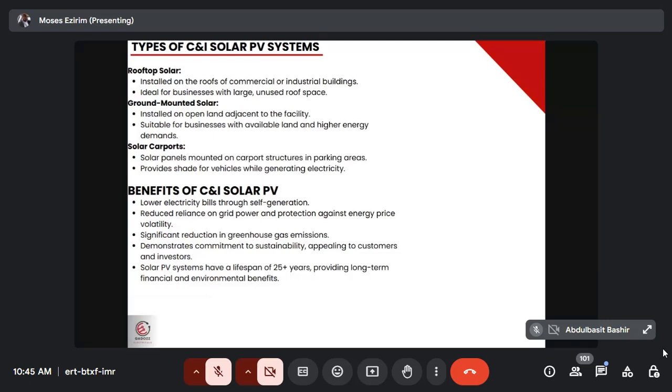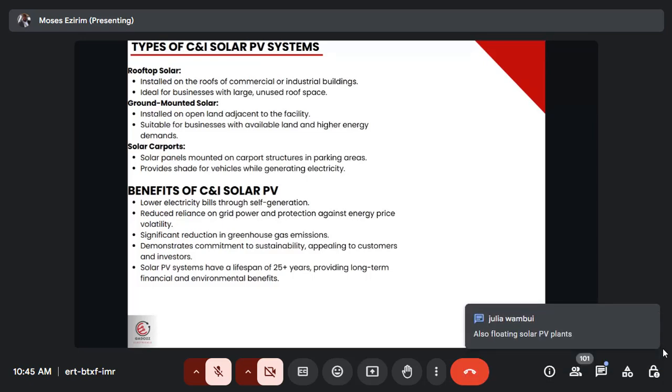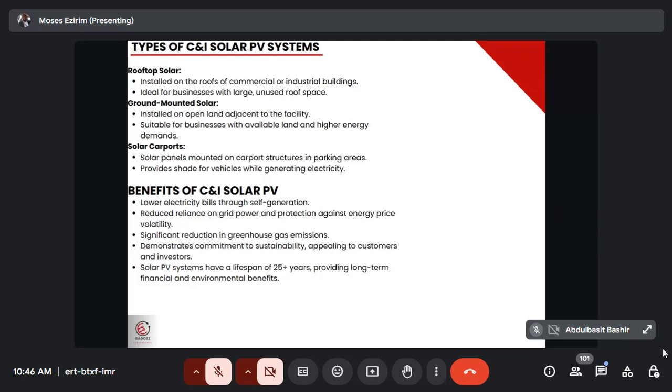I'm sure we also have the floating solar PV system, but the percentage is not much. Out of the installations that we have worldwide, I think the percentage of floating should be within 1 to 5%. We don't have much of it, but it's also part of the types of C&I solar PV systems that we have.